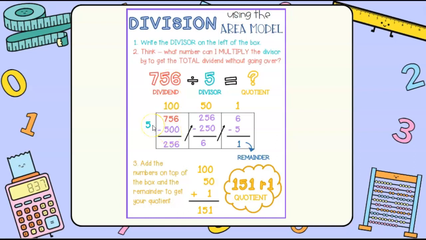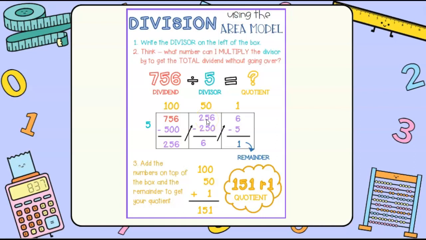I'm going to take that 500 and subtract it from the original dividend. That's going to give me whatever is left over. I'm going to move that leftover to the next box and think again.